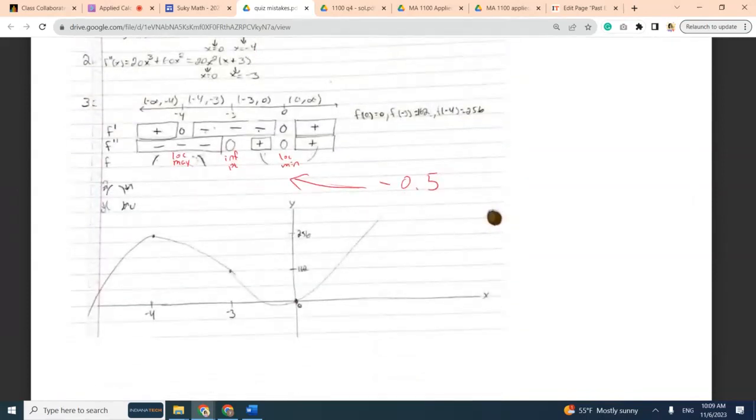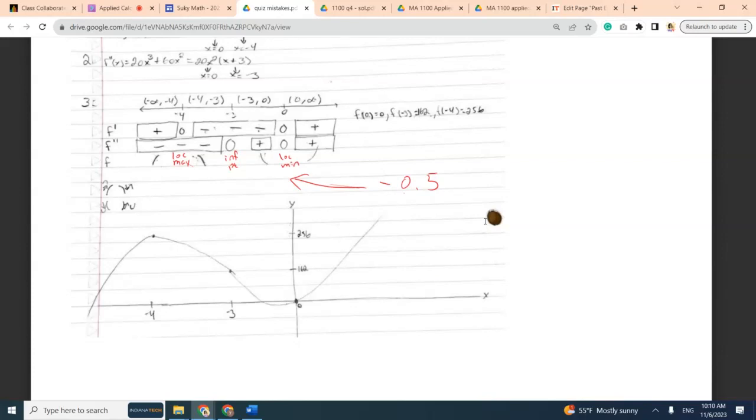And, okay, the problem asks you to label concavity, inflection point, and local max and local min. So write this down. Okay, everybody? So, yes. So know the requirements. And I hope you don't miss points on the exam. Okay, so just write down all the requirements.